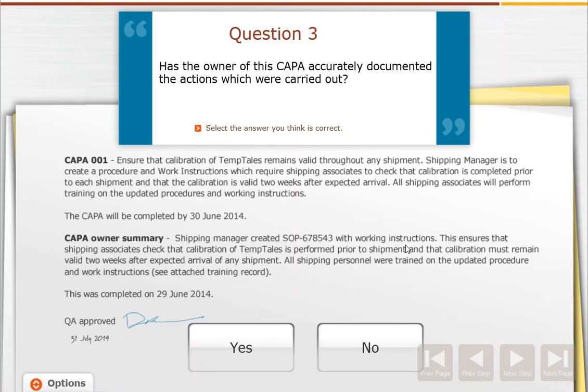Has the owner of this CAPA accurately documented the actions which were carried out?